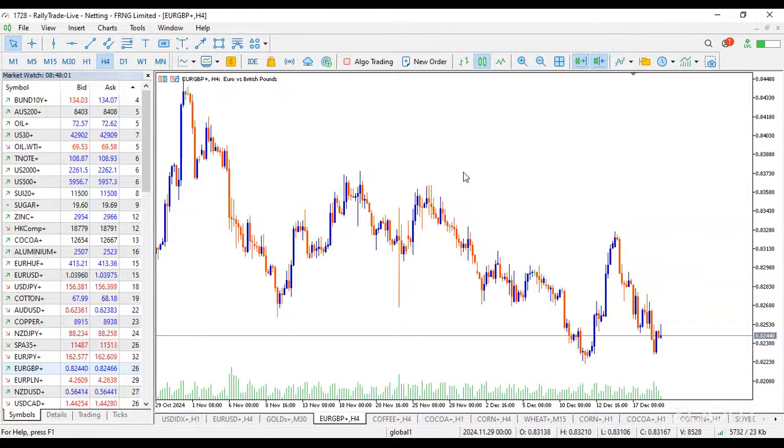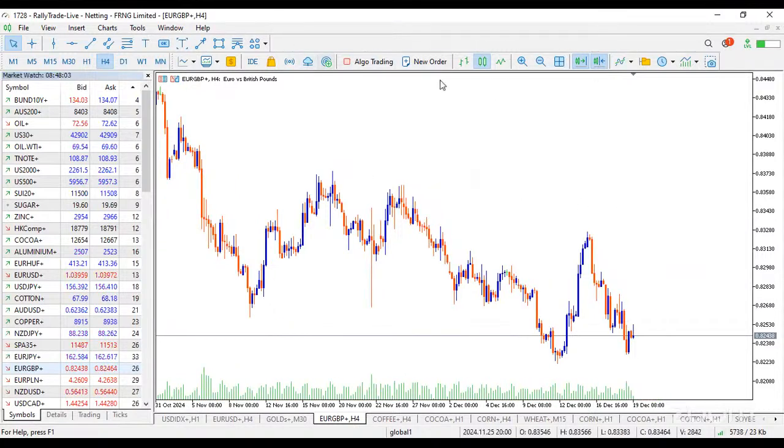This one is kind of confusing, right? But then you just start drawing those lines to make it easier for you. So this is a downward trend, right? It broke the structure to the downside, broke the structure to the downside, but it did what we call a change of character there. Then afterwards, it started trading downward again.